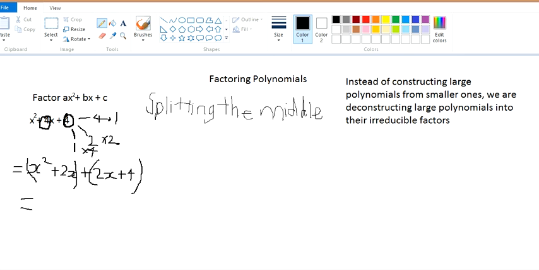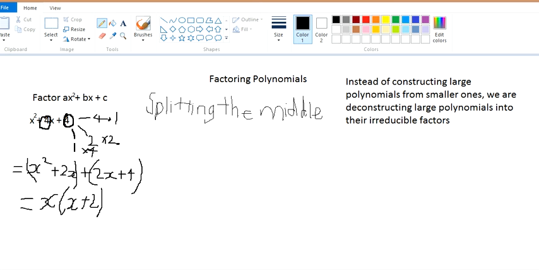Now let's see, with x squared plus 2x, we can see that they share a common factor of x. So let's take out x from that, and what we have left would be x plus 2. Now let's take a look at 2x plus 4.